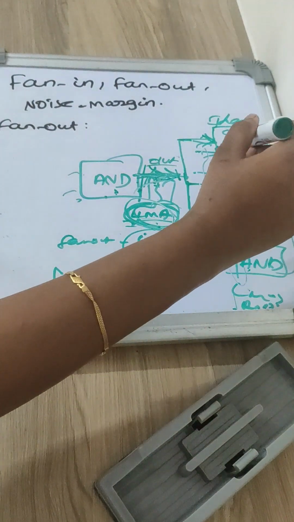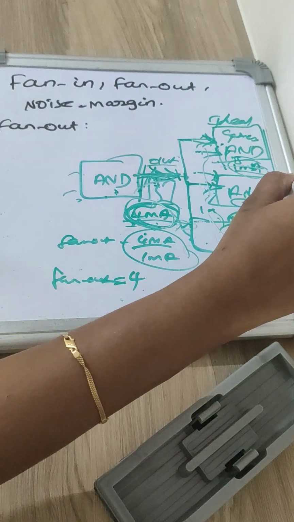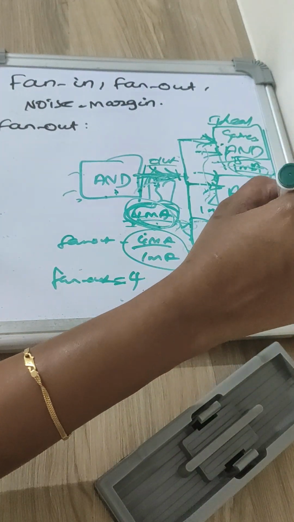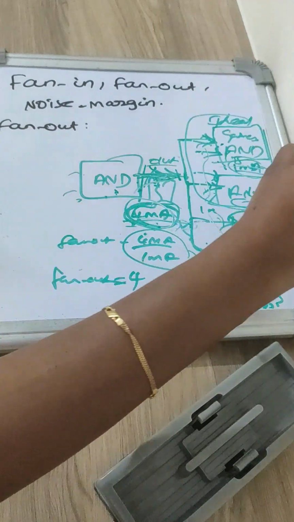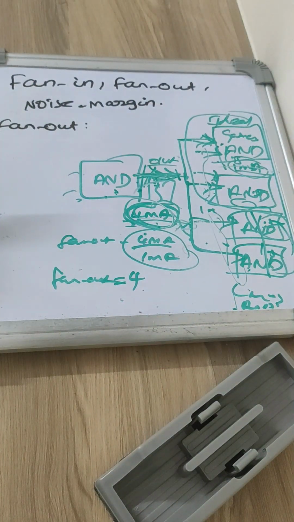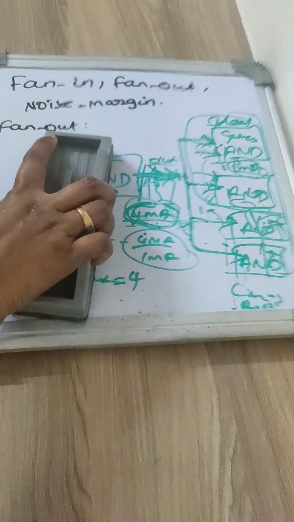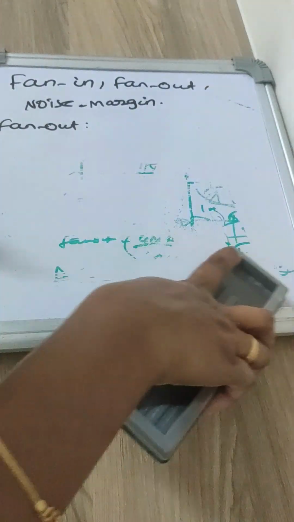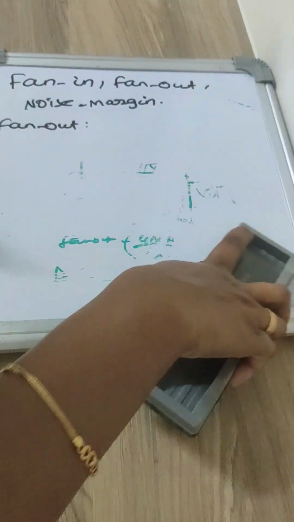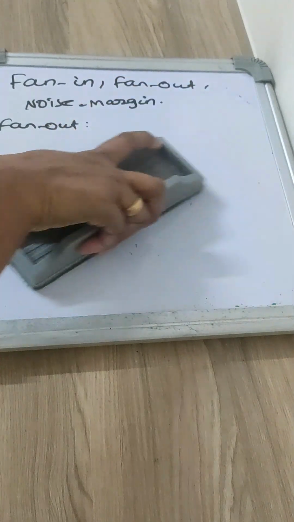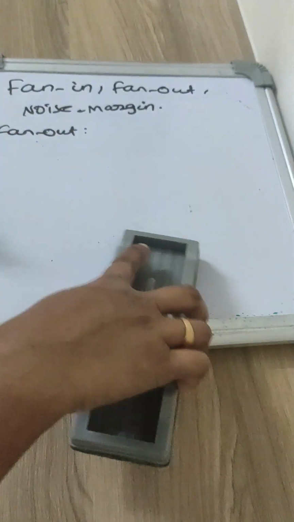If it is expecting 1.5 milliamps, then definitely we don't get 4.5, so it may end up with only 2 gates. Got it, right? I will tell you the terms now, maybe we may need them for the next one also.